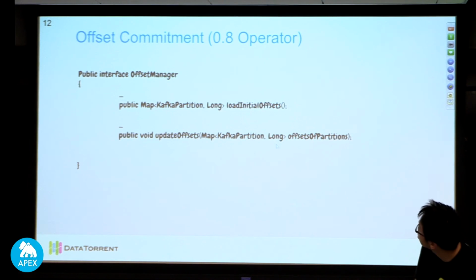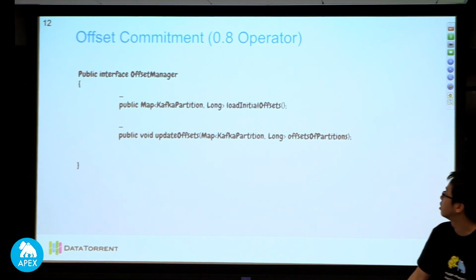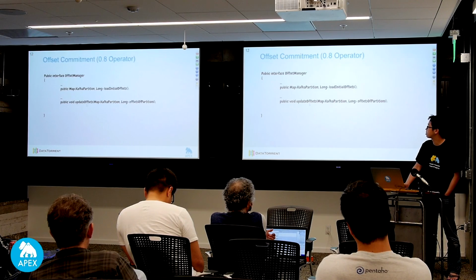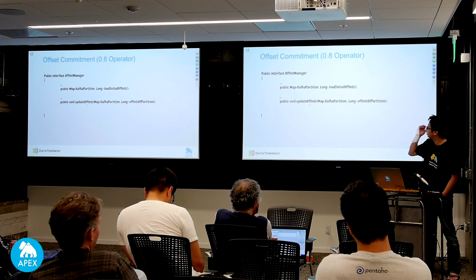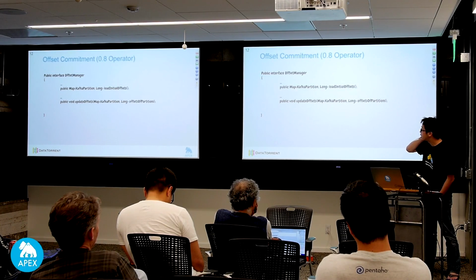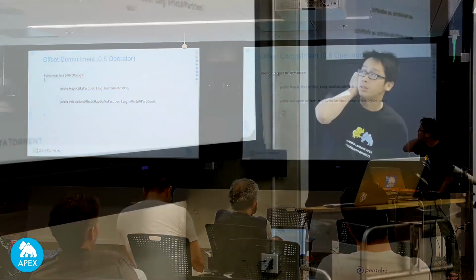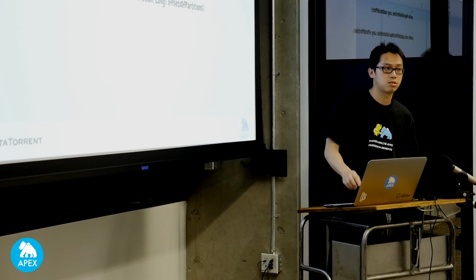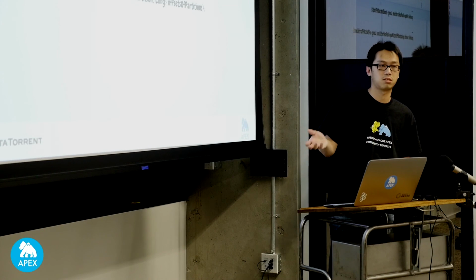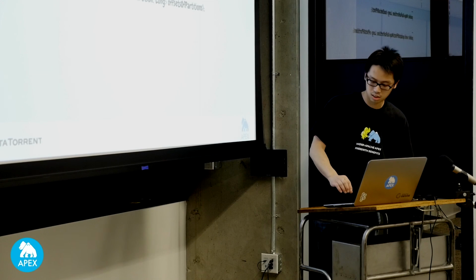This is how the offset manager interface looks. The update offsets method is supposed to save the Kafka partitions along with the committed offset into any data store you want, and load initial offsets is used to restore those offsets from the data store when the application starts.